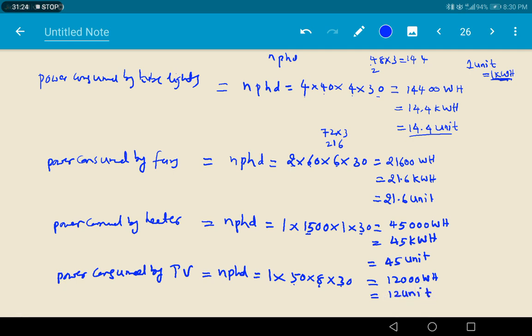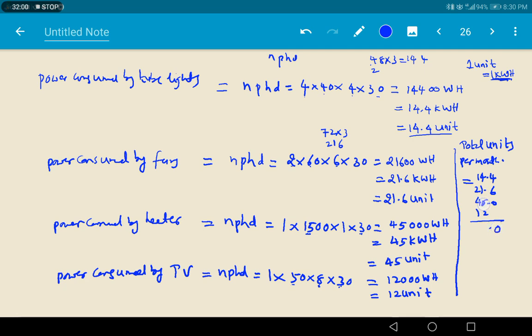Now we should find out the total number of units consumed. So total units per month. So 14.4, 21.6, 45 and 12. This is correct, right?